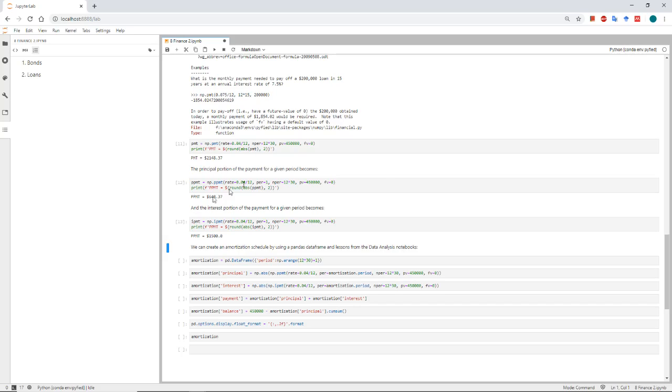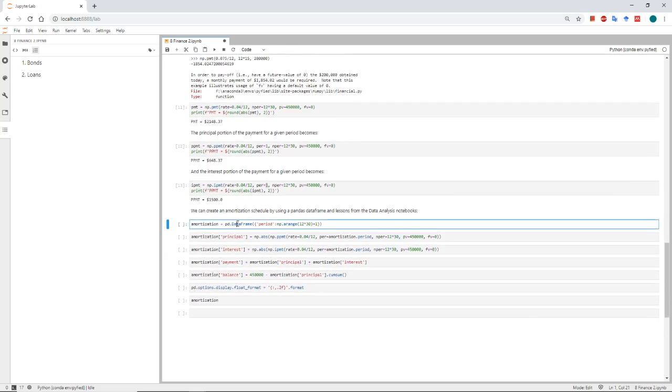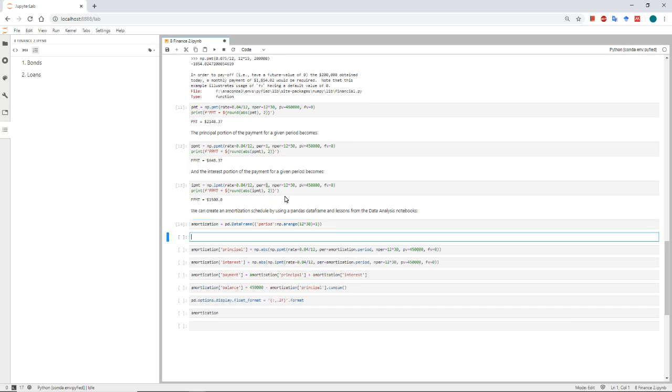But we can do this with NumPy. If you pass in an array of periods, it will calculate them all for you in one shot. So what we can do is start creating an amortization table. Right now, I'm just saying create a data frame, which is going back to our data analysis lesson.